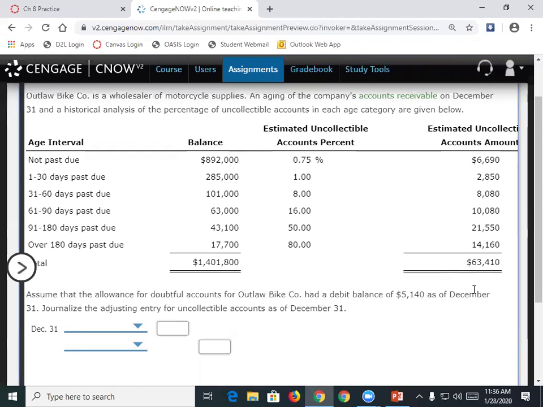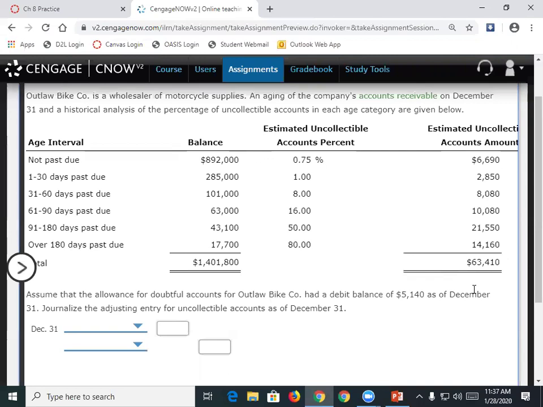What would be my adjusting entry for uncollectible accounts? So how much would I need to adjust allowance for doubtful accounts if we have an existing debit balance? Or what would I do? We're going to add in that case, right? Very good. We have a debit balance, so we just add.